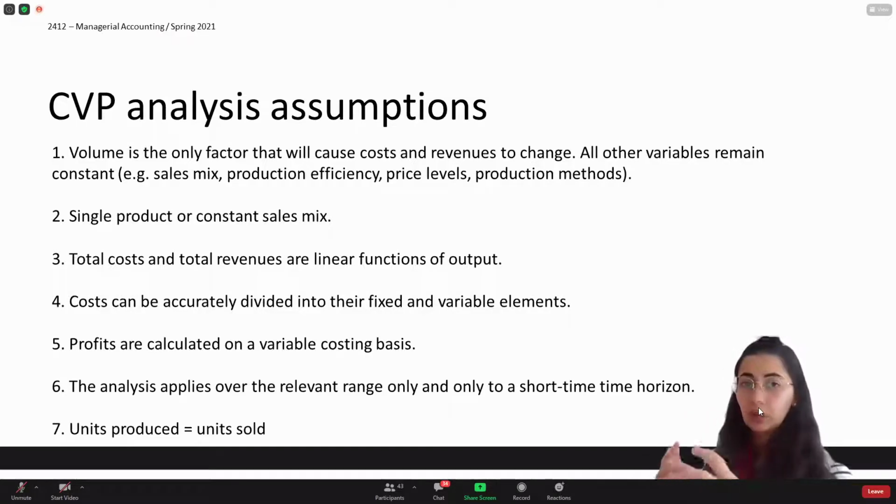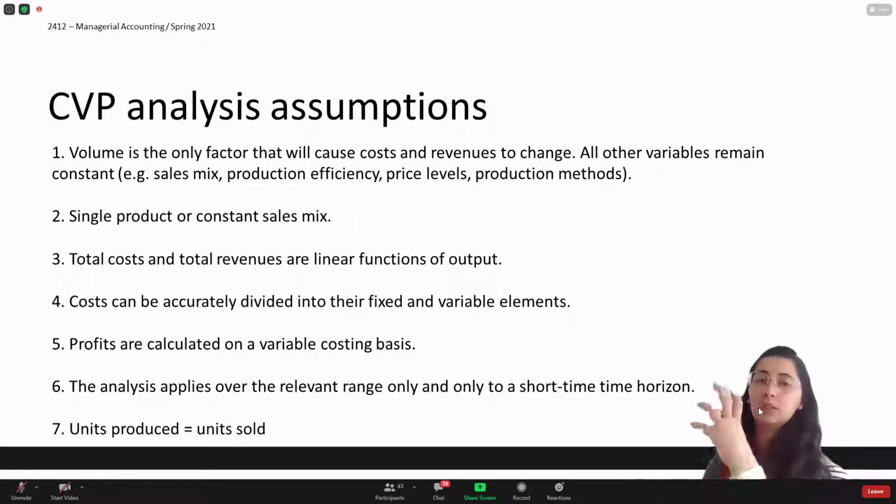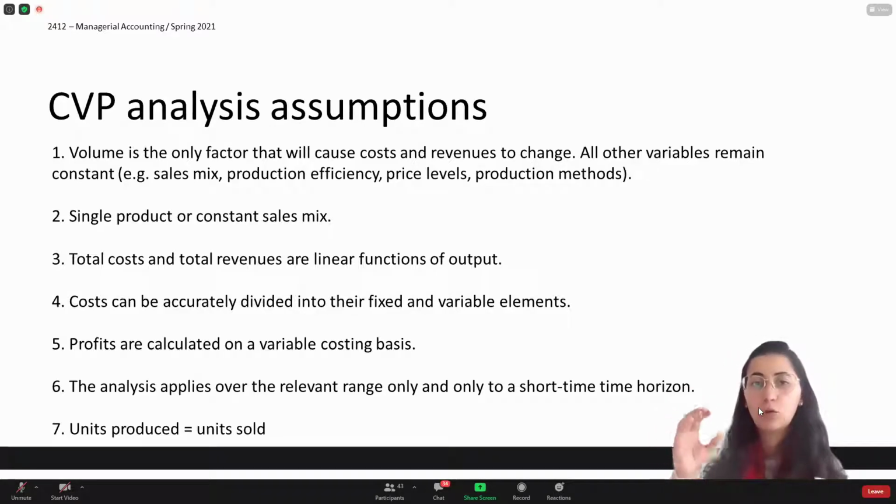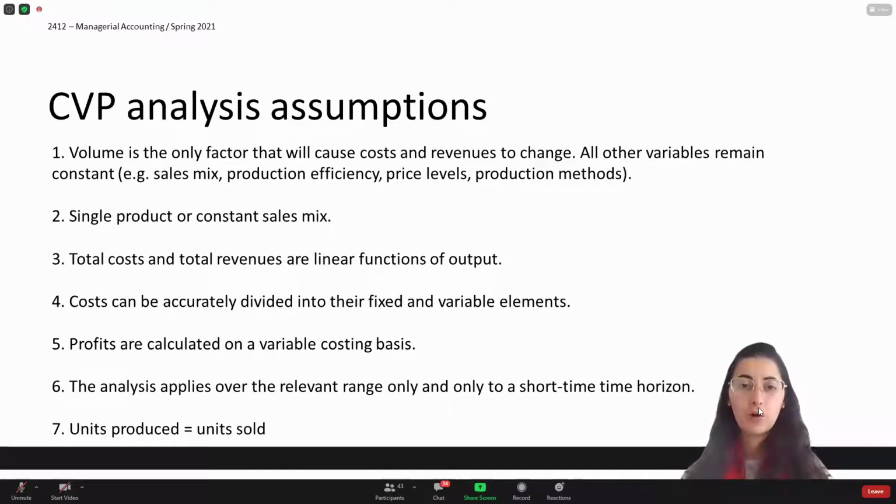Now they're focusing on another type of products because they want a special product to kill the germs and bacteria, etc. So the mix of products that they sell probably changed. They now sell more of one product and less of the other. So if we have these very big changes in the mix of products, we cannot do the CVP analysis because it won't make sense. It won't be accurate.